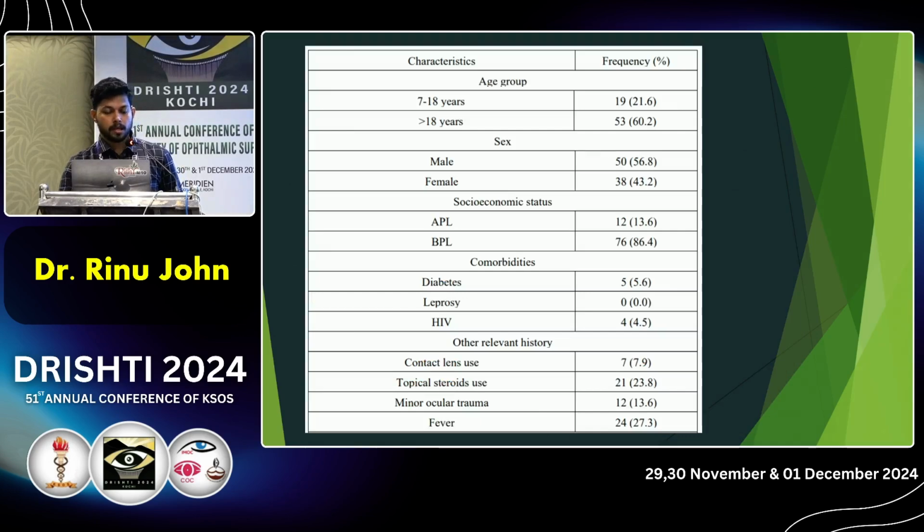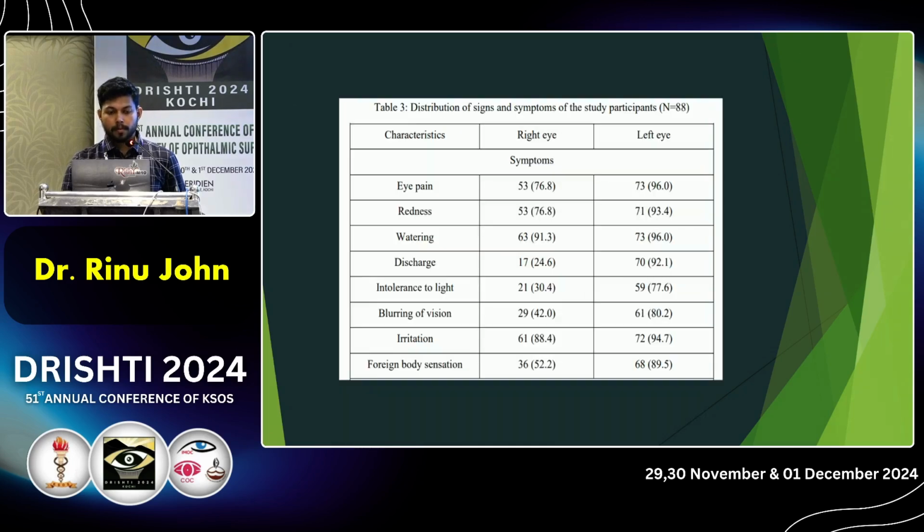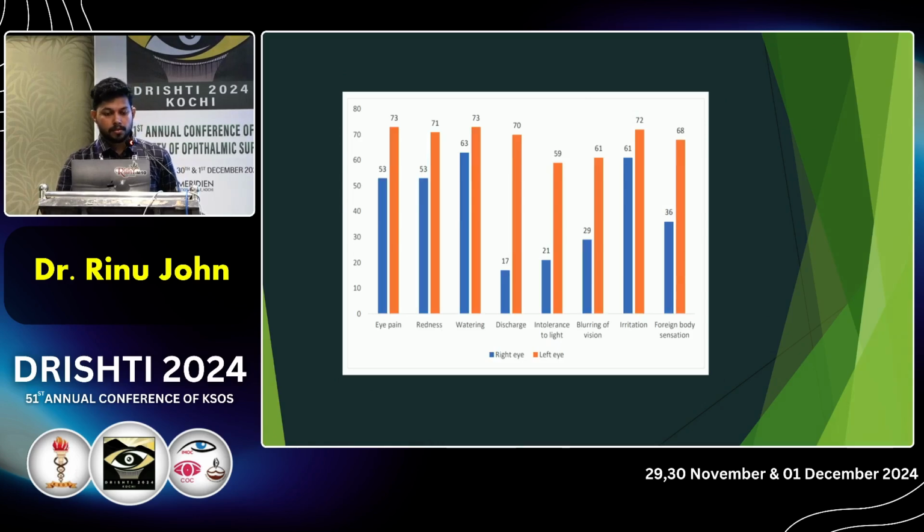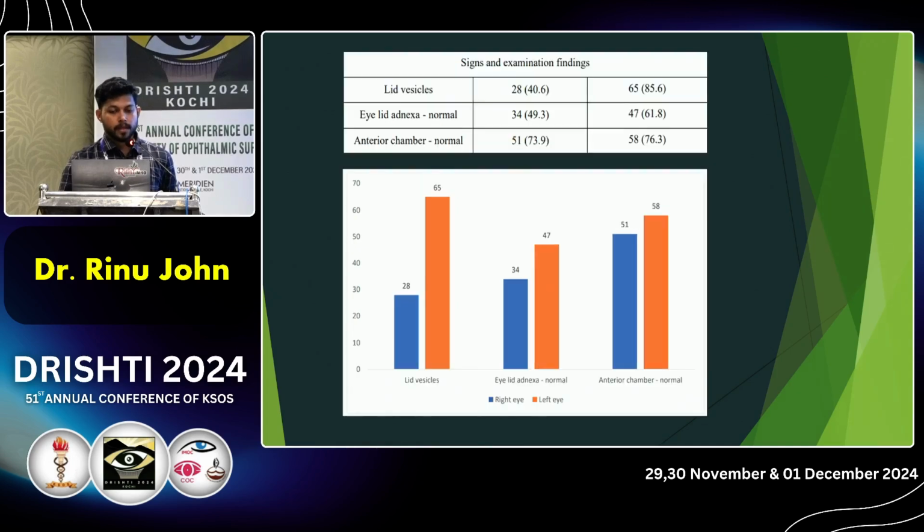These are the socio-demographic data we analyzed, and the comorbidities included are diabetes, leprosy, and HIV. Other relevant histories are contact lens use, topical steroid use, minor ocular trauma, and fever. The signs and symptoms we included are eye pain, redness, watering, discharge, intolerance of light, blurring of vision, irritation, and foreign body sensation. So this is the graphical plotting of signs and symptoms.